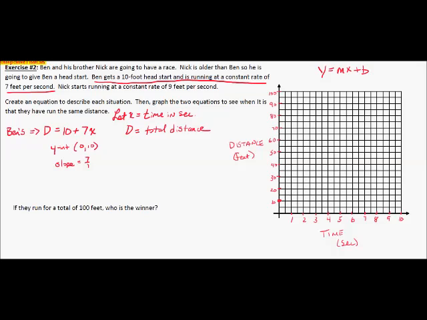So I'm going to go up 7 over 1, which is actually 2 blocks, and I'm going to put a dot. I do the same thing, up 7 more over 1, and put a dot, and up 7 more over 1. So I'm going to finish my line. You guys can pause the video and do the same thing, and you'll see what we get.